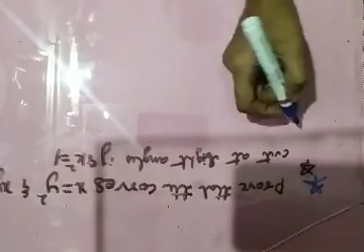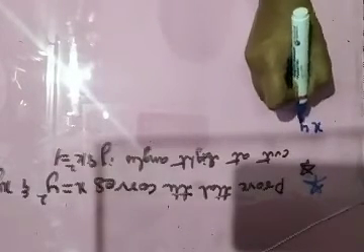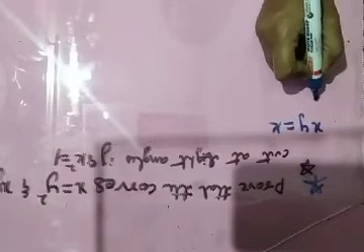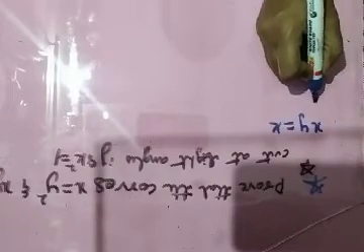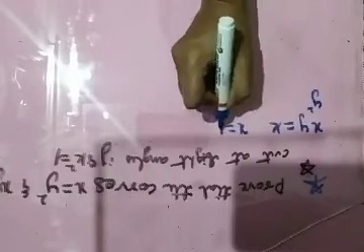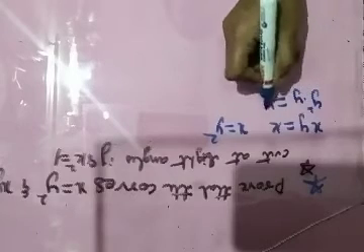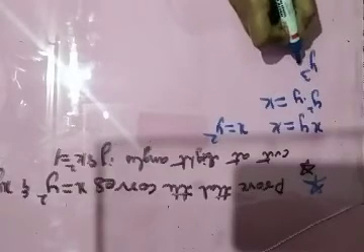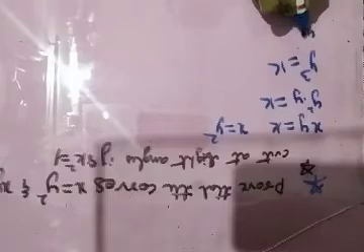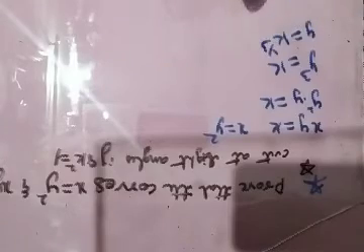Consider the equation xy is equal to k, which means x can be replaced by y square, given x is equal to y square, into y is equal to k. It becomes y cube is equal to k. So y is equal to k raised to 1 by 3.